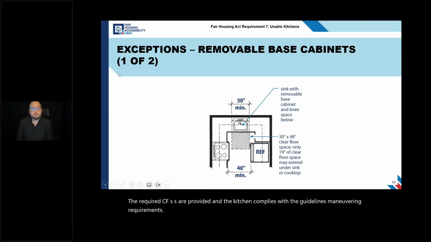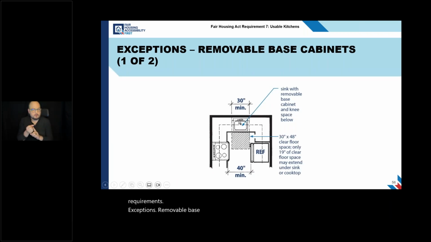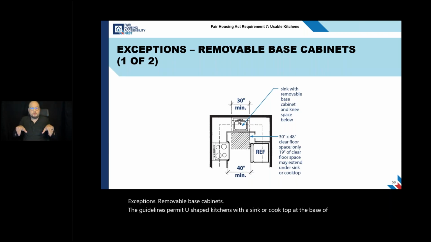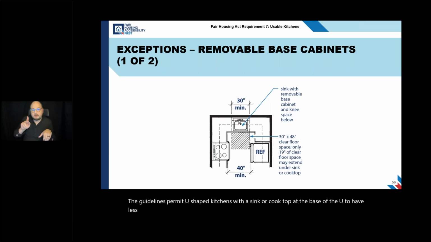Exceptions, removable base cabinets. The guidelines permit U-shaped kitchens with a sink or cooktop at the base of the U to have less than 60 inches between the legs of the U, only when removable base cabinets are provided under the cooktop or sink.